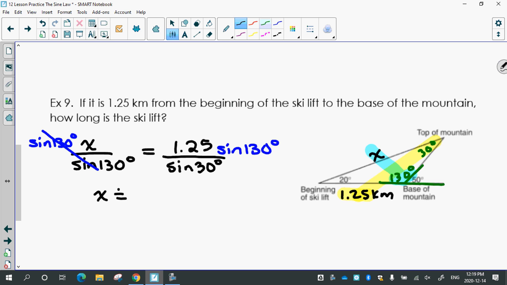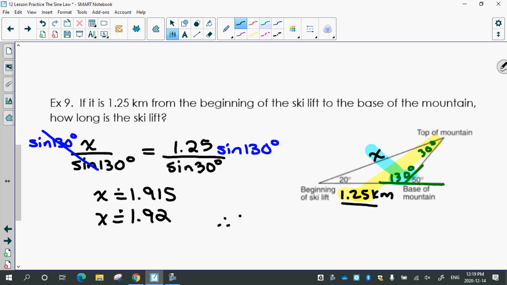So 1.92 if you rounded to 2 decimal places, because I got 1.915. And since this has 2 decimal places, I'll keep this one to 2 decimal places.